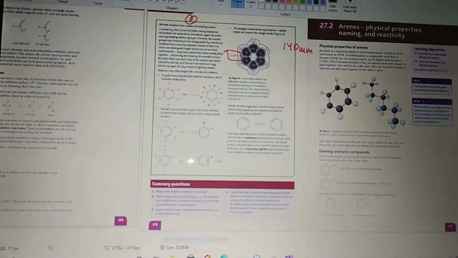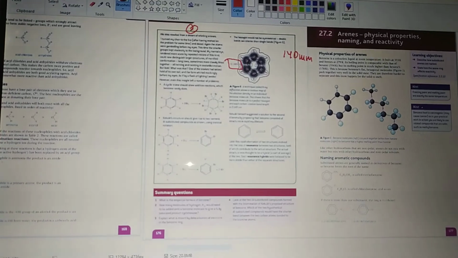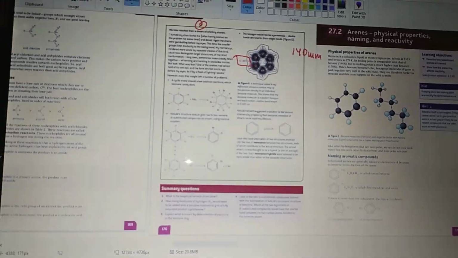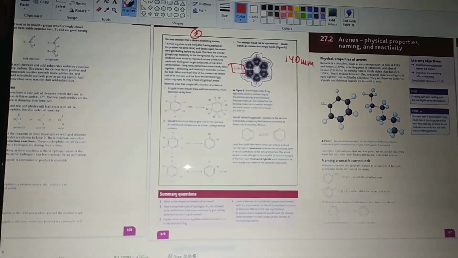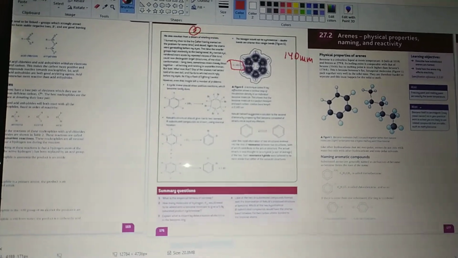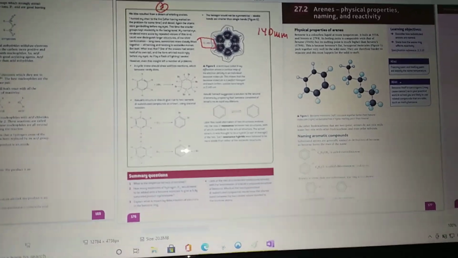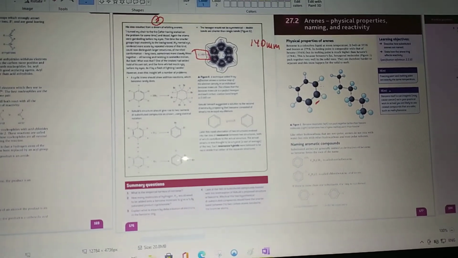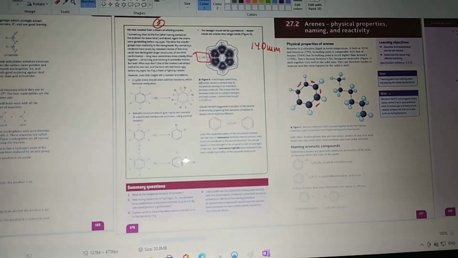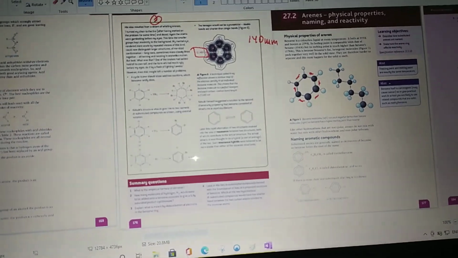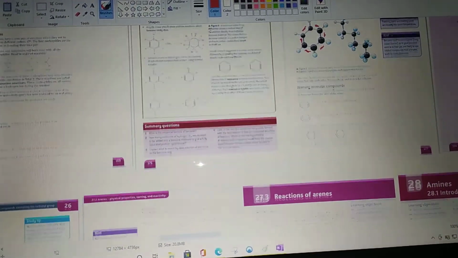They are therefore harder to separate, and this must happen for the solid to melt. Obviously, they have to break the bonds in order for the solid to melt. Since these bonds are stronger due to the flat structure, it takes a larger amount of energy and hence a higher melting point.